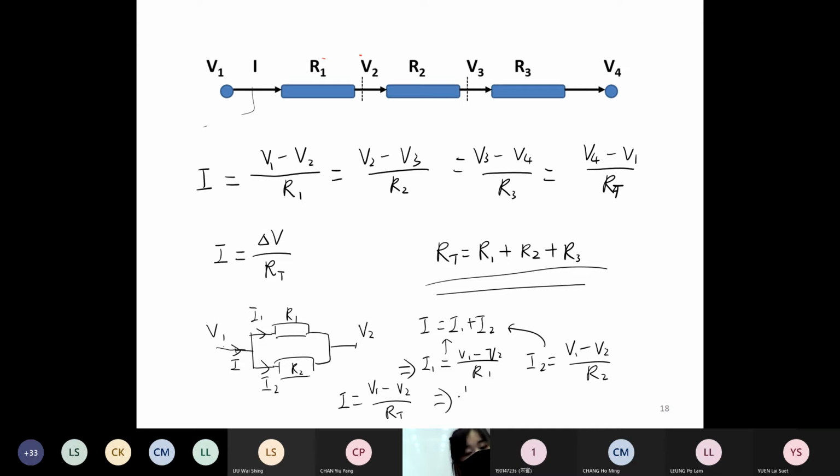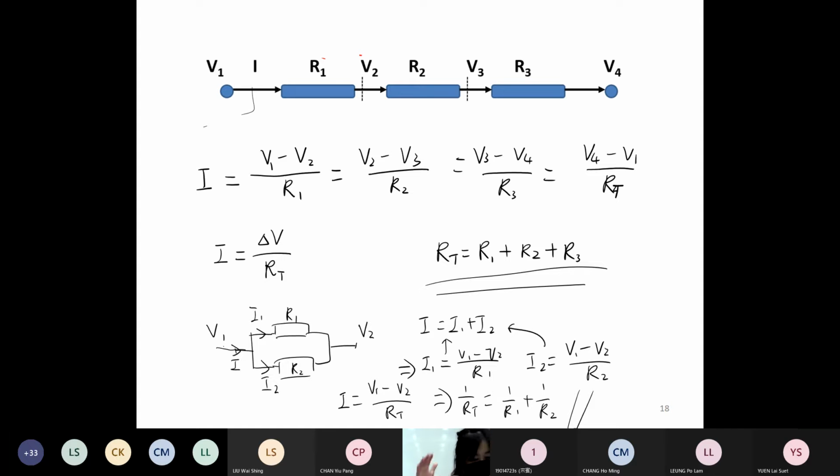So we can get the relationship in parallel. By using this equation, we can calculate the total resistor of the two parallel resistors. Okay, so this is how we calculate the electrical circuit by using Ohm's law.